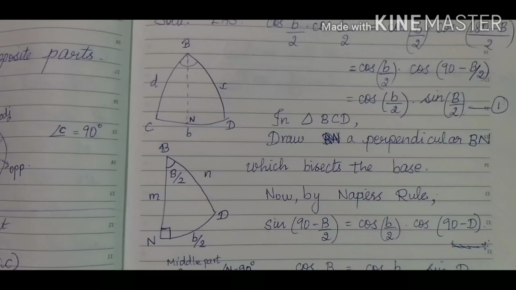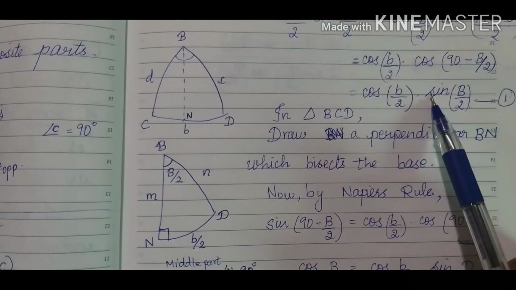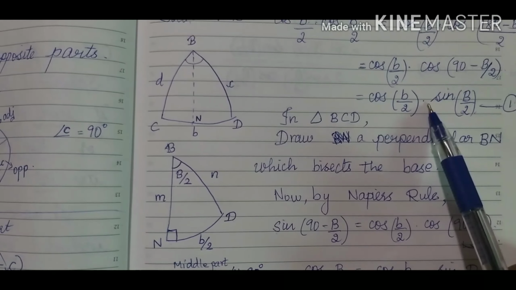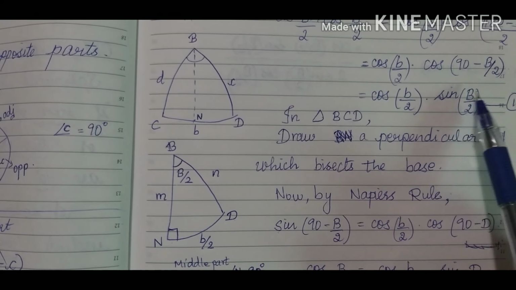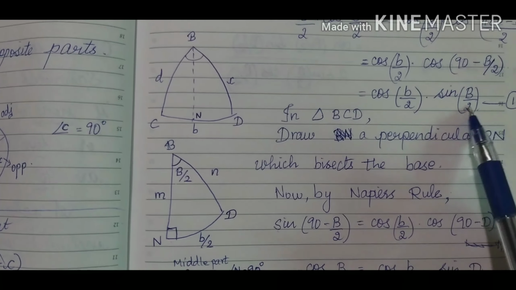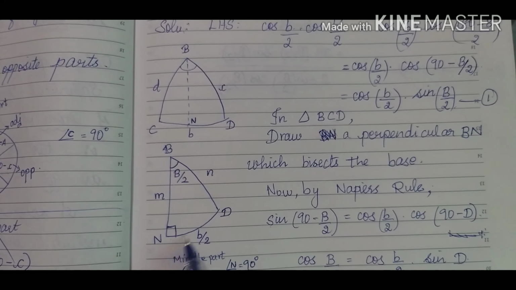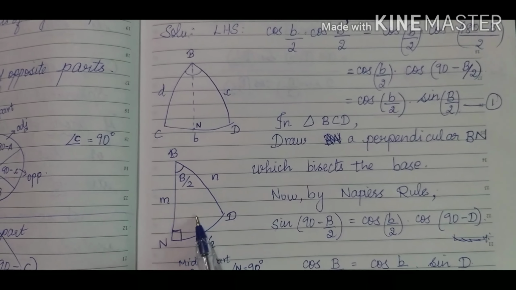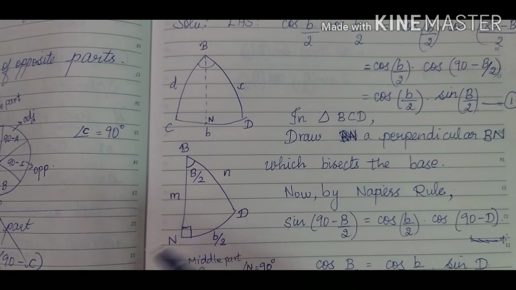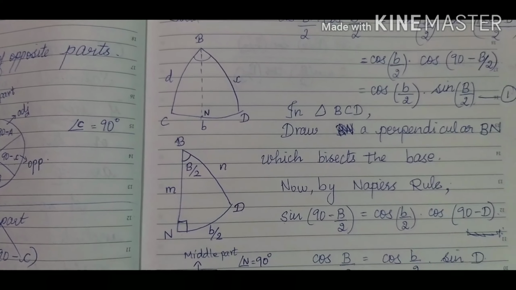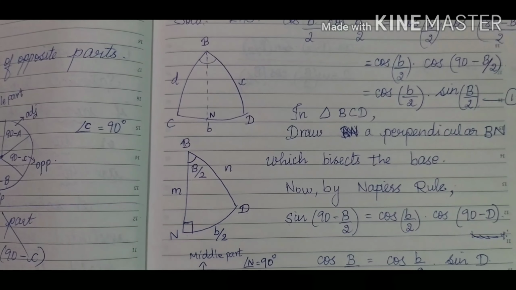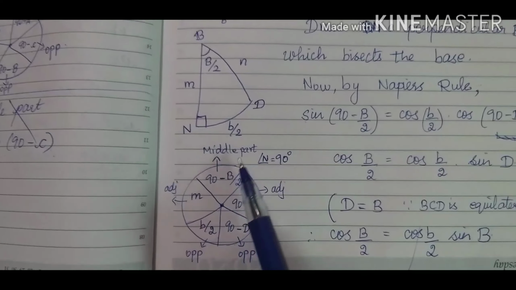Now I'm going to apply the sine rule here, to find sine of capital B by 2. Since we now have a right triangle, we can make use of Napier's rule. Before applying it, we'll write all 5 components: the middle part, adjacent parts and opposite parts.